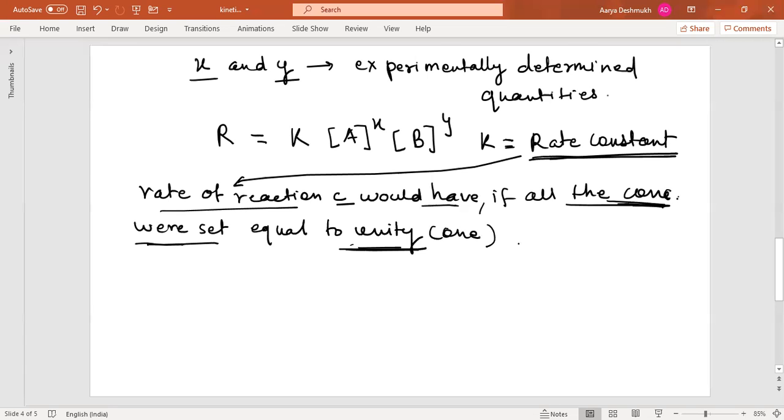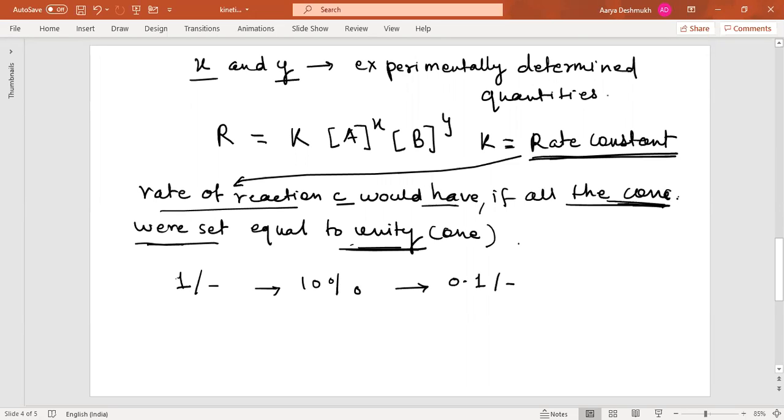Now I'll explain this with a again very simple example, the same example. If I have 1 rupee, and out of this 1 rupee I want to give you 10%, I'll give you 0.1 rupees.